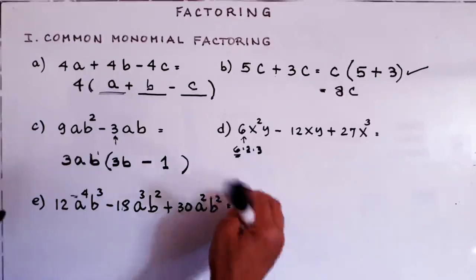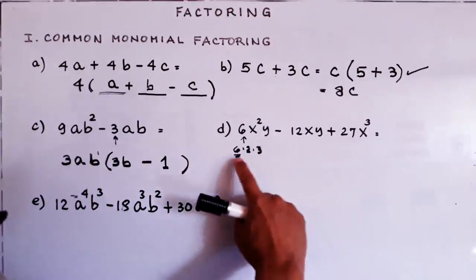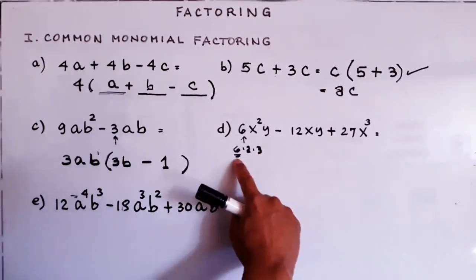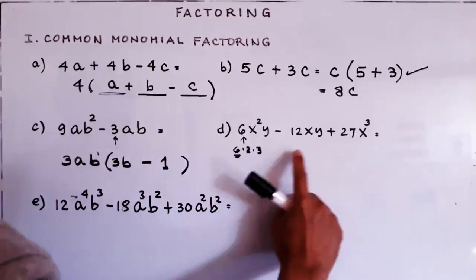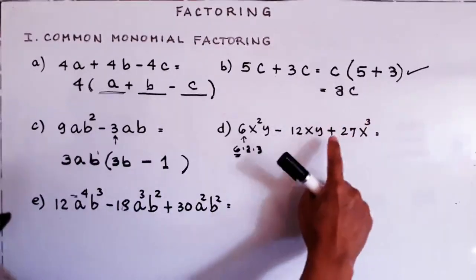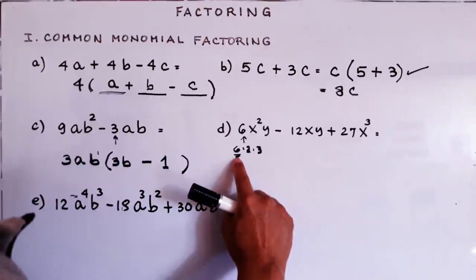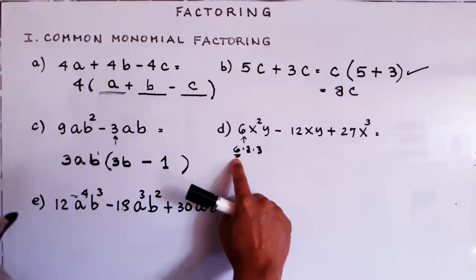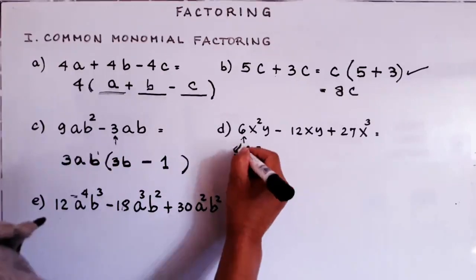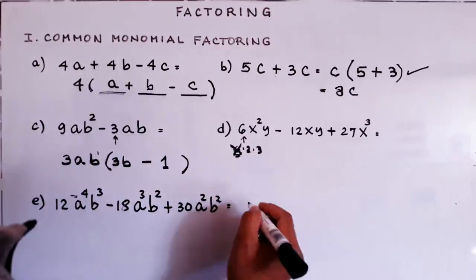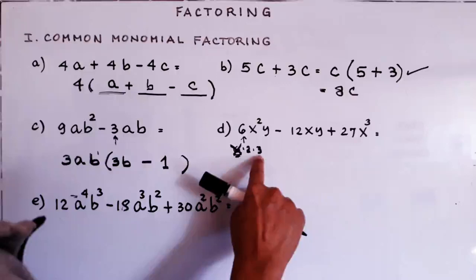So let's see. 12 divided by 6 is okay, it's 2. Okay, let's have 27. Is this 27 okay with the 6? 27 divided by 6, oh, it's not exact. Okay, so we can't use the 6. Second highest is the 3.